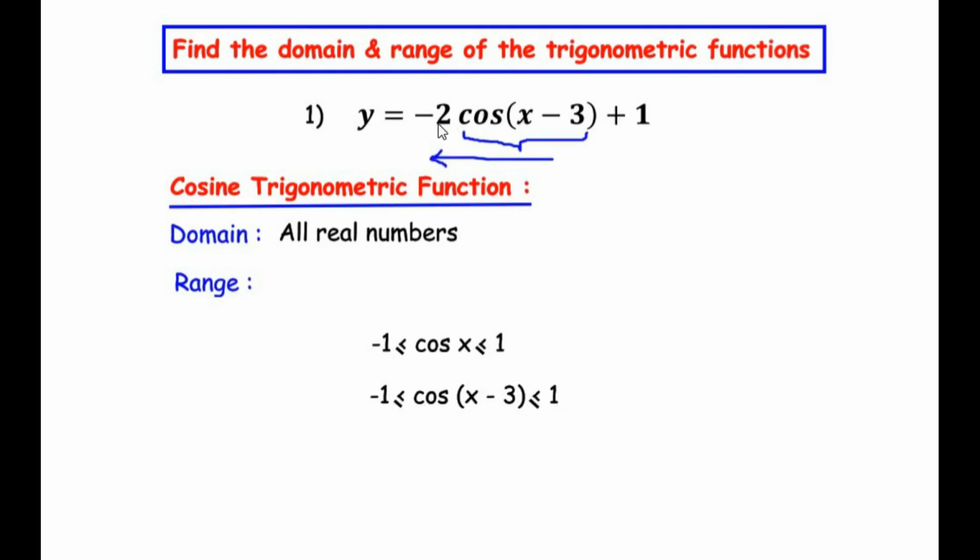Now we are going to multiply -2 to the cos(x - 3). Now since the cos is getting multiplied with -2, we have to multiply the entire range by -2. So let me write here. So you can see we have multiplied -2 to all the three given elements.